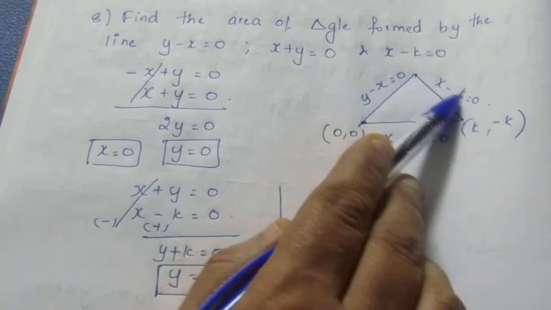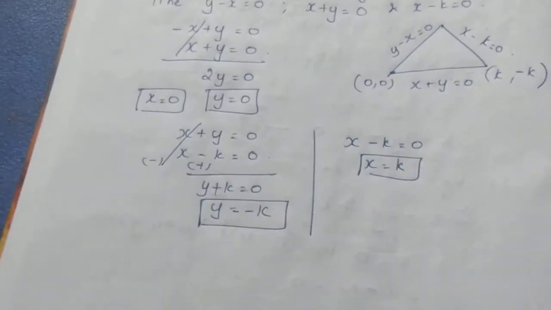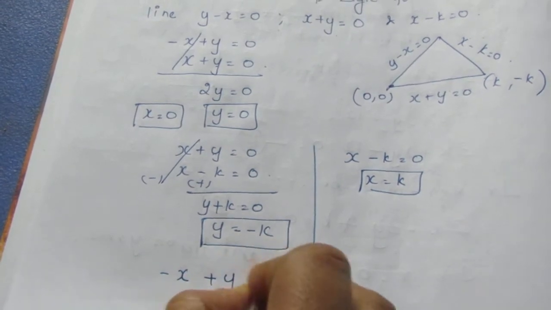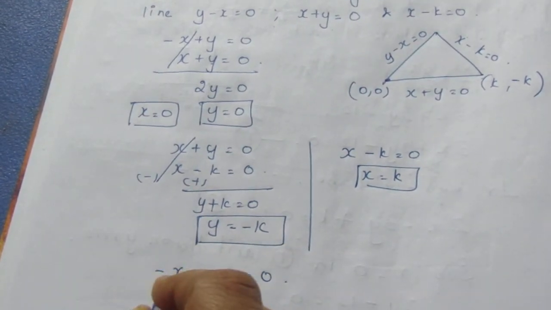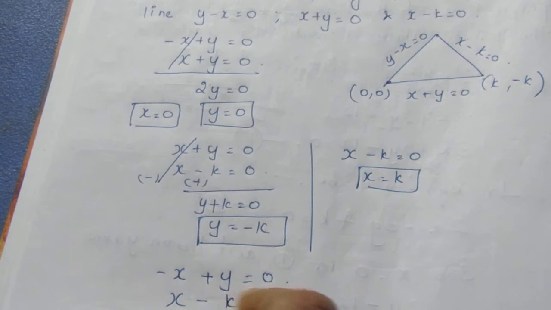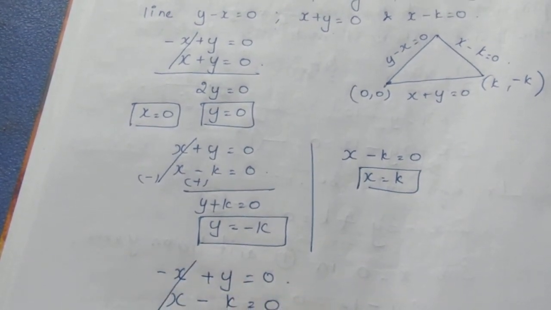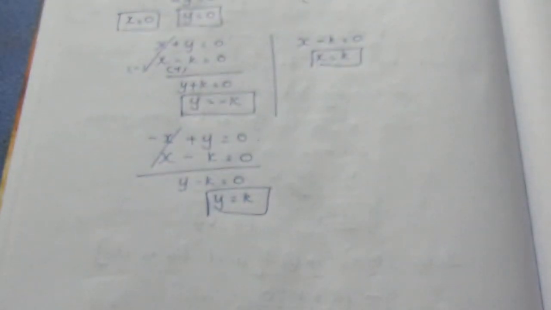Now the last point of intersection, just solving these two we will get it. Here minus x plus y equal to 0 is your equation. Here it is x minus k equal to 0. Just add it, y minus k equal to 0, y is equal to k. Now we have found the value of y to be k.